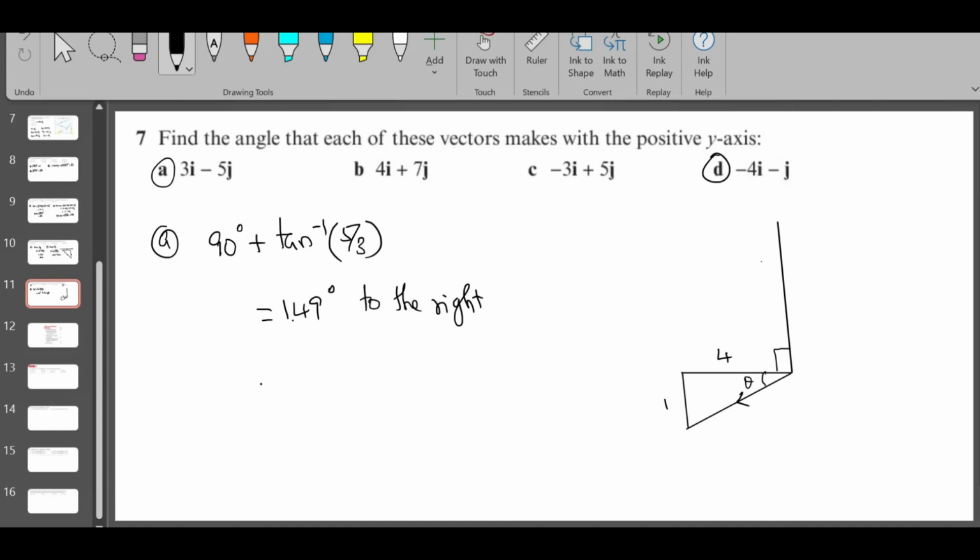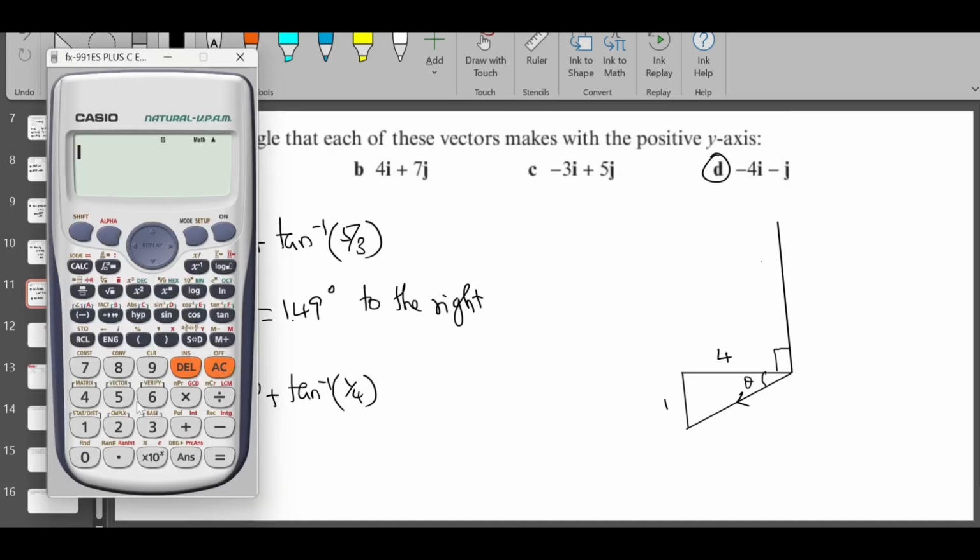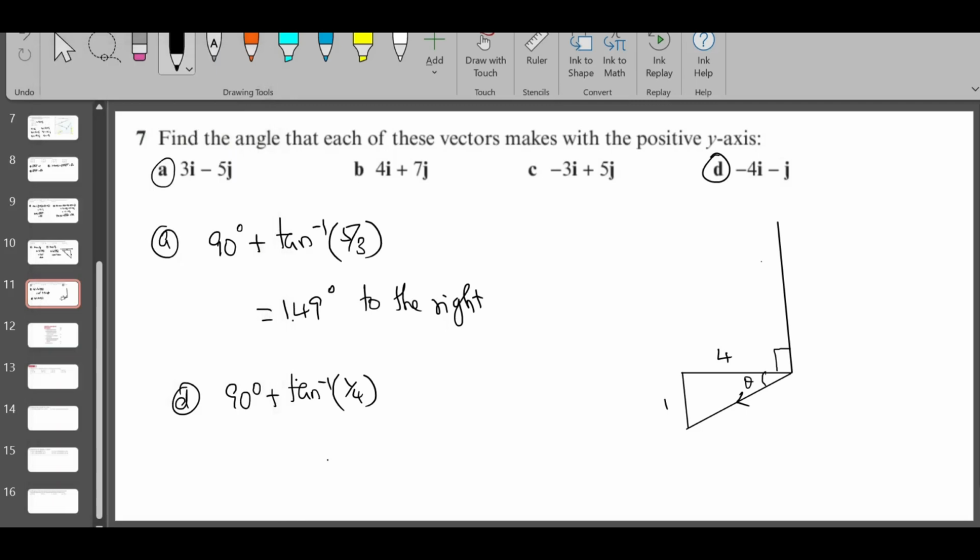So for D, it's 90 degrees plus tan inverse of 1 over 4. That's 104 degrees to the left. That's all.